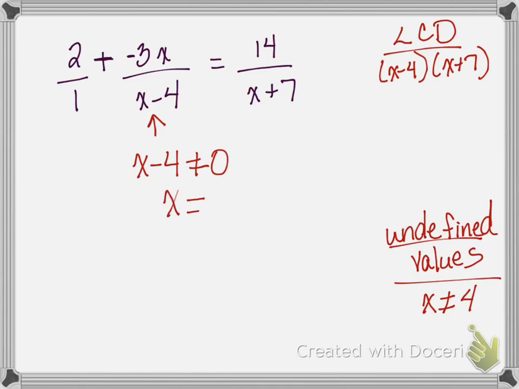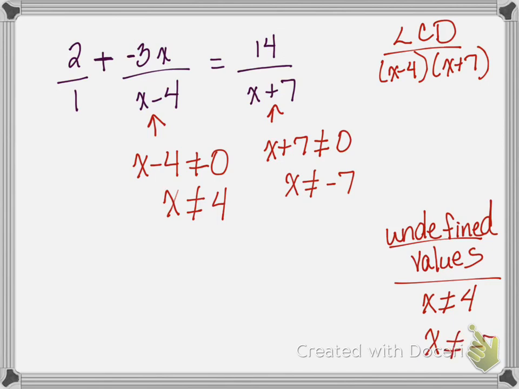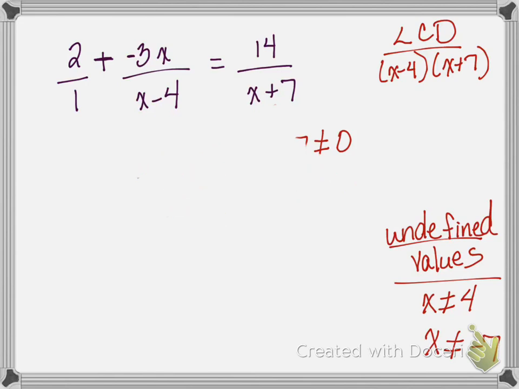Excellent job. We're going to use that same idea and decide what x can't be for my third rational. So x plus 7 can't be 0. So what can x not be? Excellent. So my undefined values are 4 and negative 7. If I got 4 or negative 7 for my answer, I have to throw them out. I can't have it. It makes it undefined.